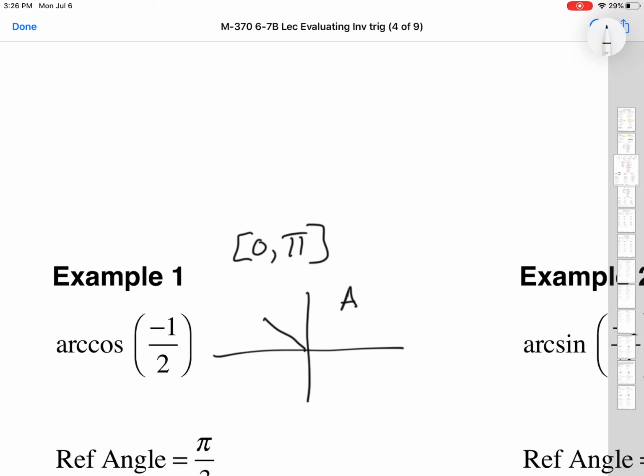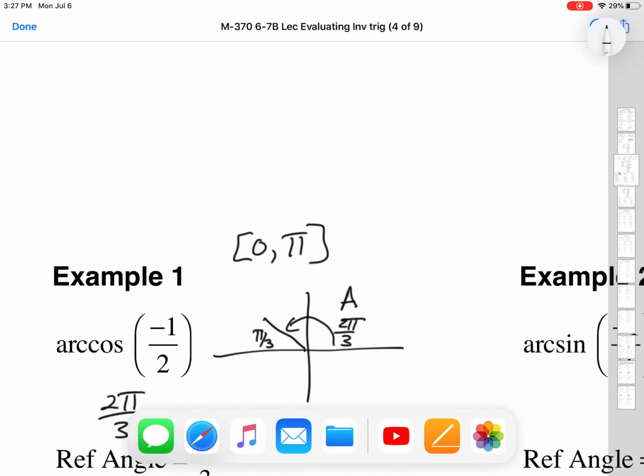In the second quadrant, only sine's positive, so cosine's negative. You already know that 1/2 has a reference angle of pi over 3 for cosine. So you're looking at the second quadrant angle 2 pi over 3. The answer for this is 2 pi over 3. That's how you should navigate through it.